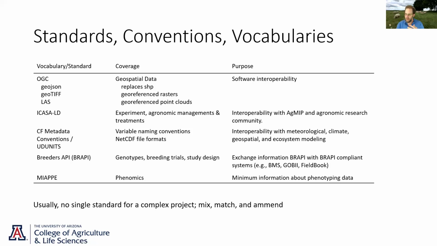There's a few other things here which are conventions that are coming up about defining, in order to make your data useful for this community. So in the case of ICASA LD, it's a way of consistently storing agronomic information. It makes it so that the people who are collecting the data can put it in a format that's readily accessible for crop models.